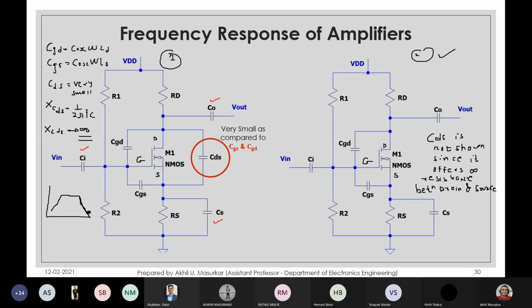These are the formulas for CGD and CGS as such.